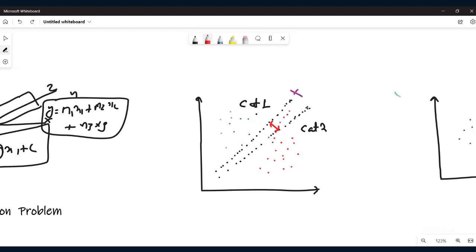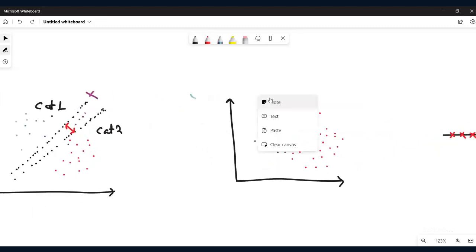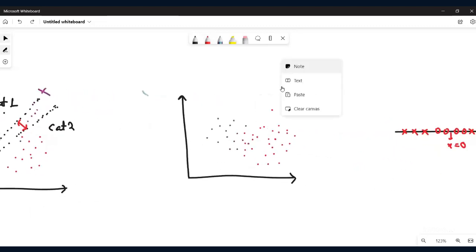Okay, but now let's consider another case. That was the case where a line can actually divide the data into two sets. Now let's consider another case. This is the case where there cannot exist an actual line which can divide this data into two sets, because this data is actually intermixed.